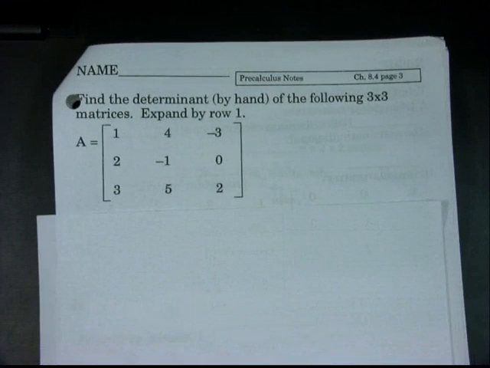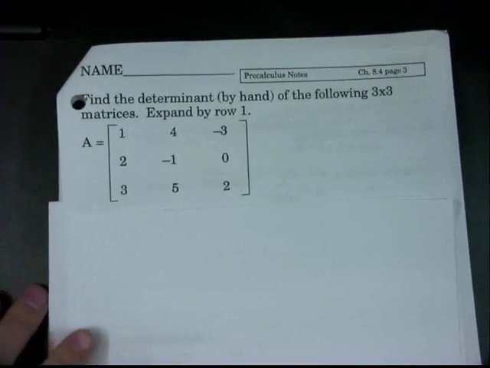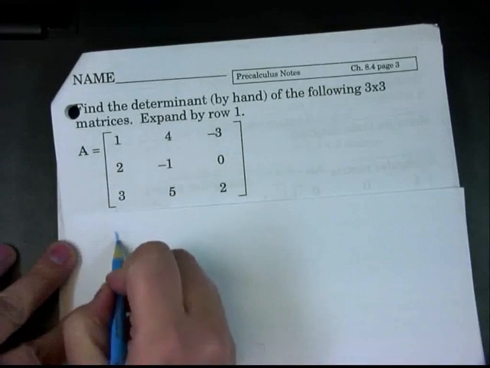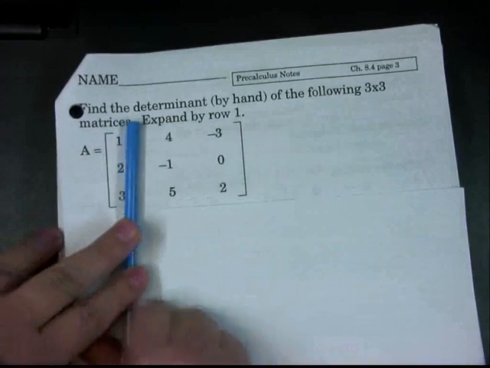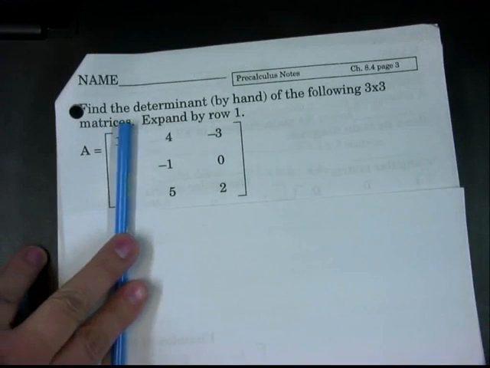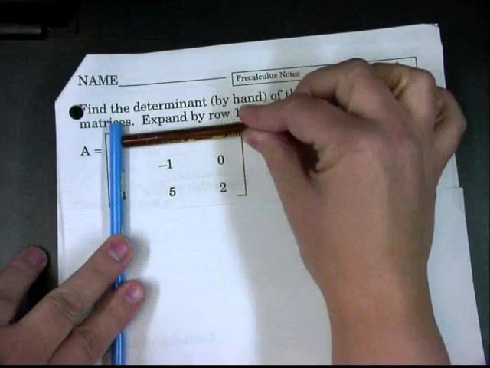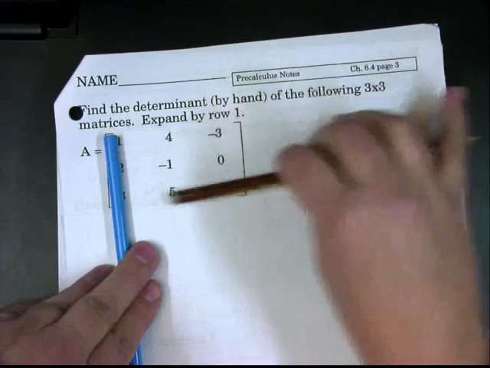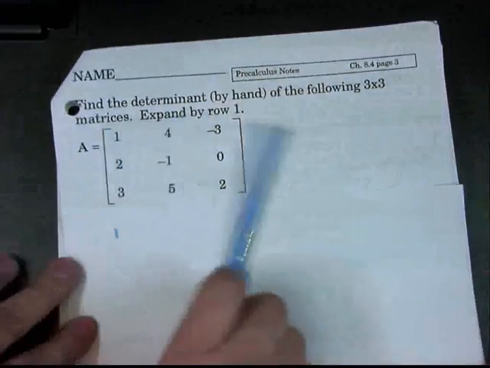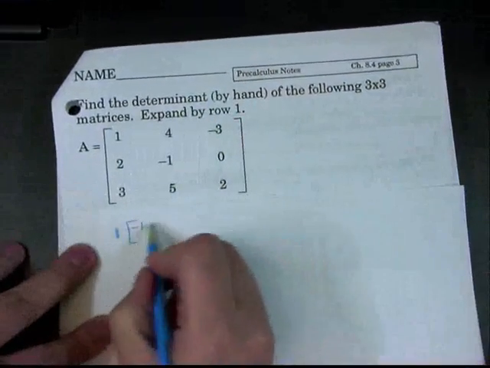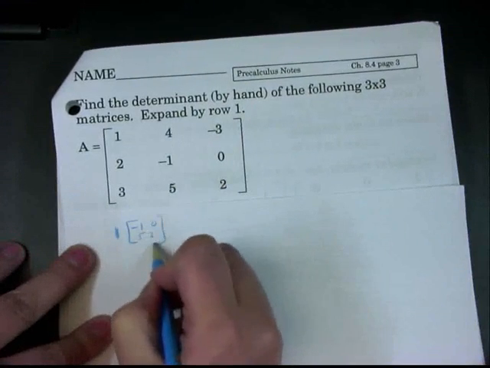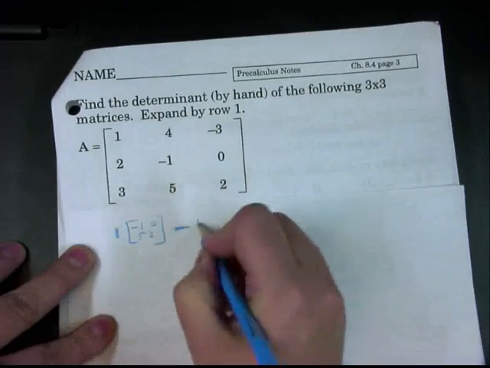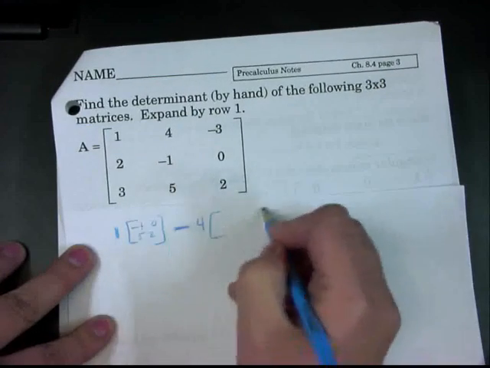And when we do that, we're going to take the 1, and we're going to cross off its row and column and look at the resulting matrix and multiply that number that we took by the determinant of that leftover 2 by 2 matrix. Then we're going to subtract the next piece, so 4, and we're going to do the same thing.